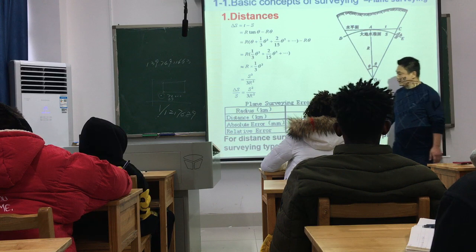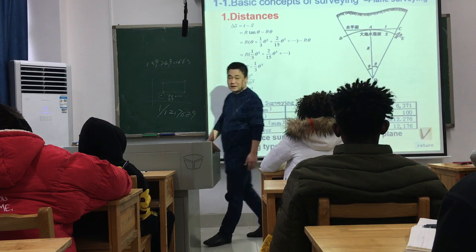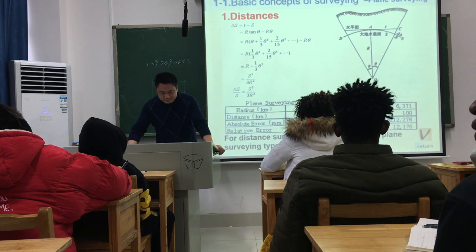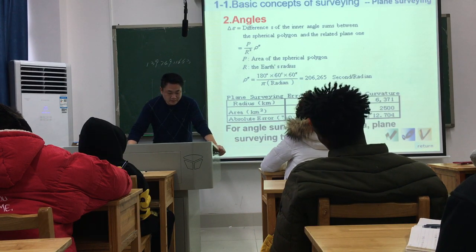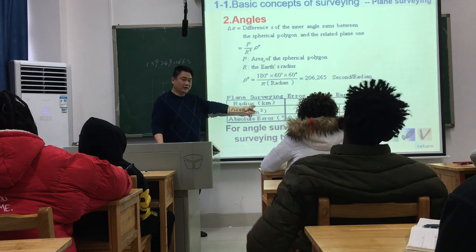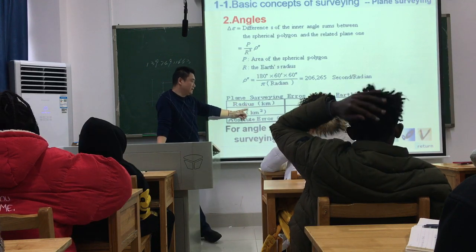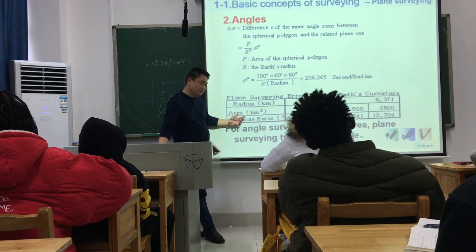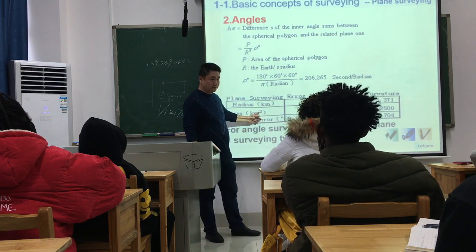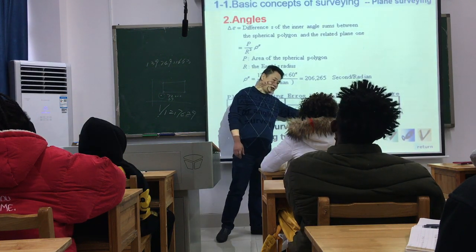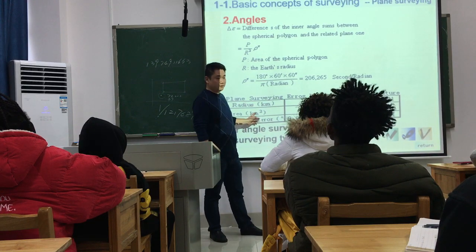So this number is 10 kilometers. The second is angle. Here is also a table. In this table we say area 10 kilometers square and 100 kilometers square.